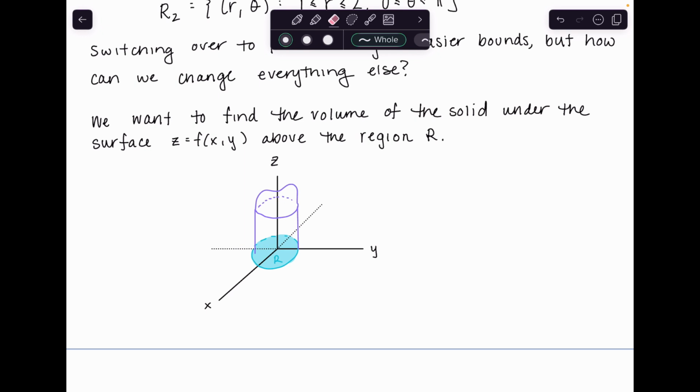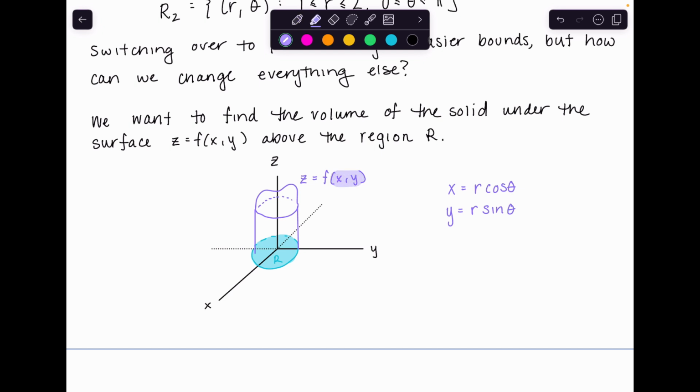So again, the region R will be easy to describe in terms of polar coordinates. If I've got this function, this is what's going to go inside my integral. So I'd have to switch over the x and y. And if you remember our x, we can switch over using r cosine of theta. Your y, you can switch over using r sine theta. Okay.